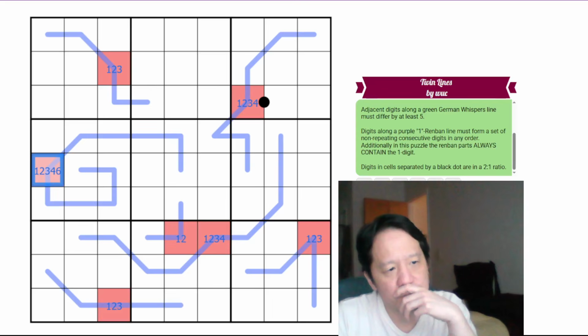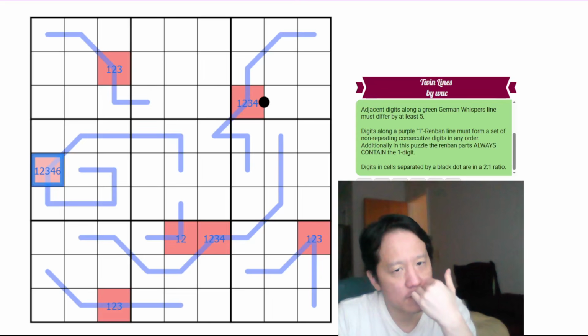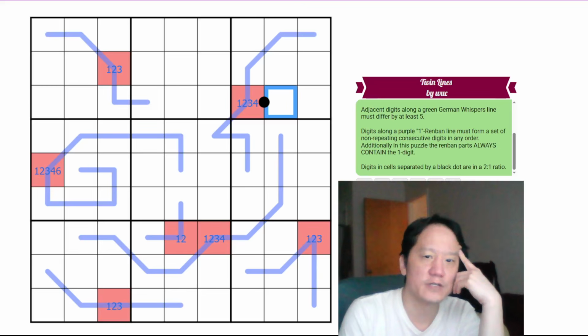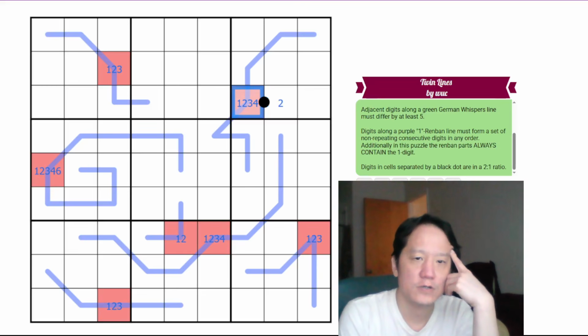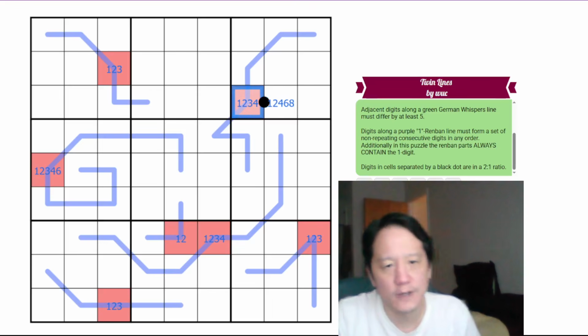Well, 1 through 4 is here. 1 would have to be next to a 2. 2 would have to be next to a 1 or 4. 3 would be next to 6, and 4 would be next to 2 or 8. Okay.